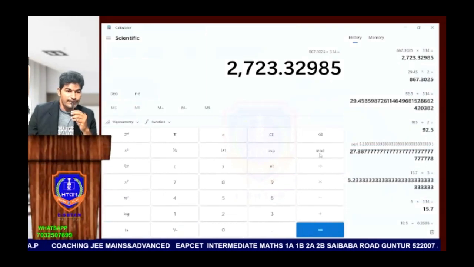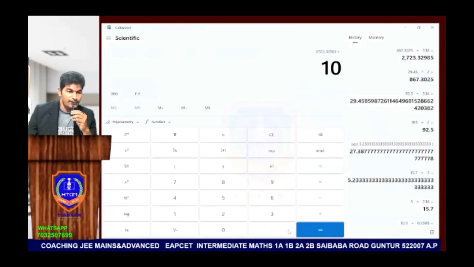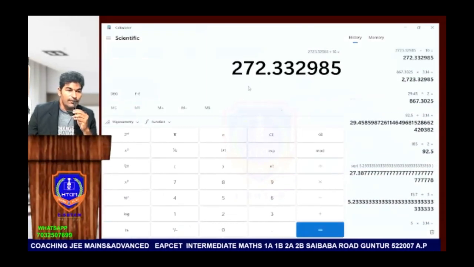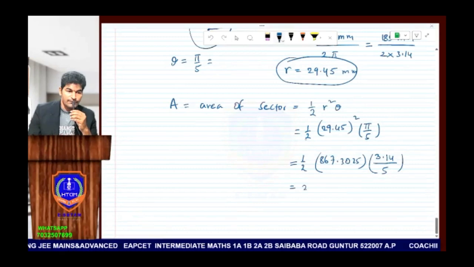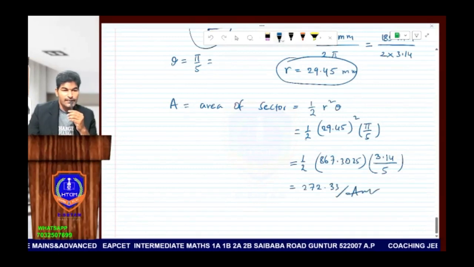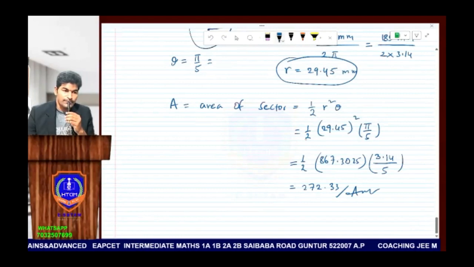So divide this value by 10. How much will this be? 272.33. Write down 272.33. So this is the answer of this question.